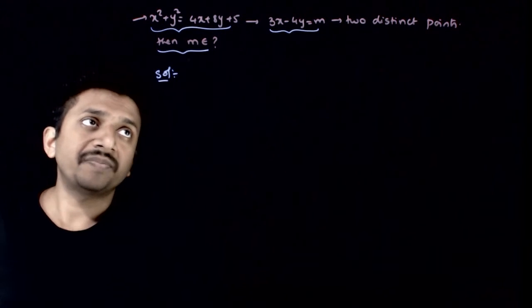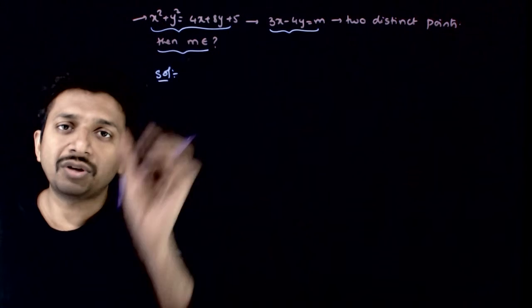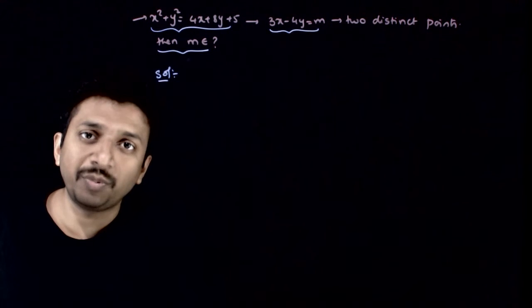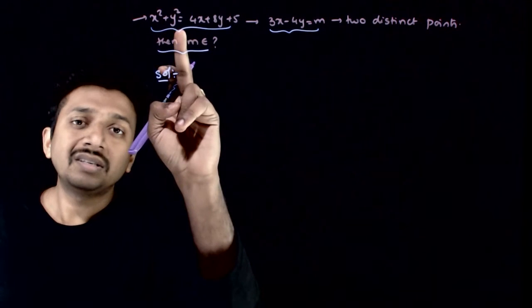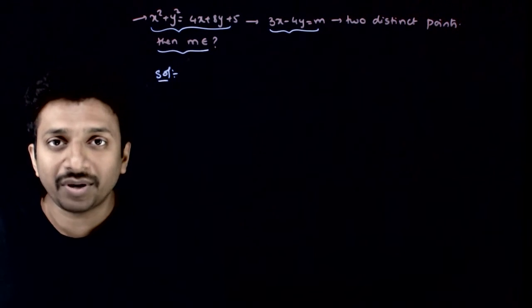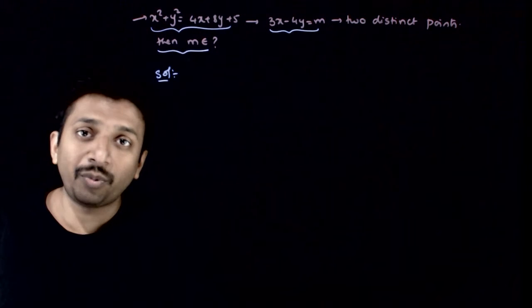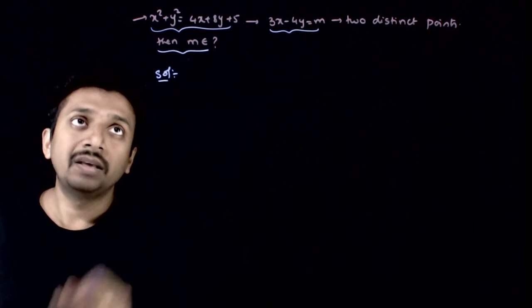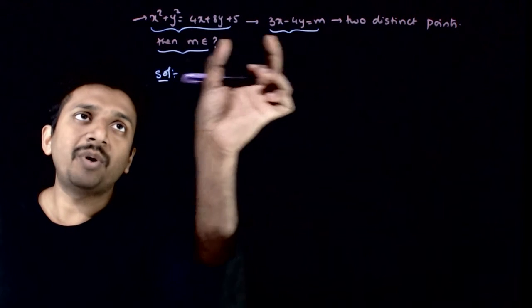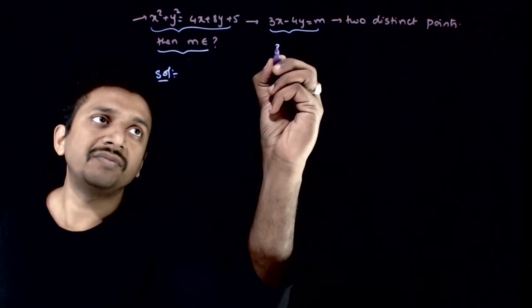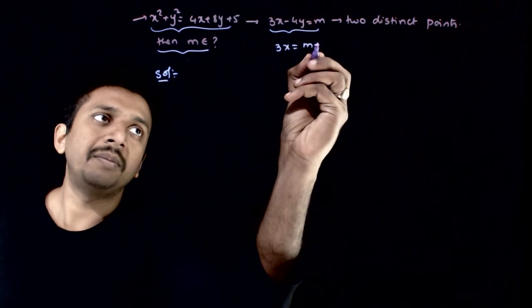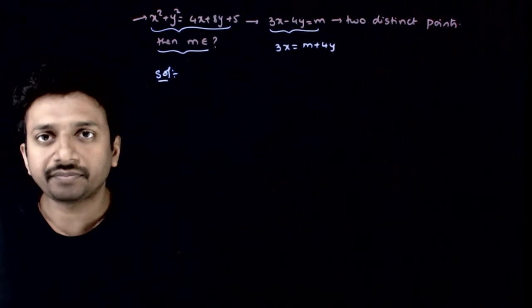So one of the ways, you can find the point of intersection of these two curves. If the circle cuts the line at two distinct points, there should be 2 distinct points of intersection. Let me find the points of intersection of these two curves. So for the point of intersection, we know that 3x = m + 4y.